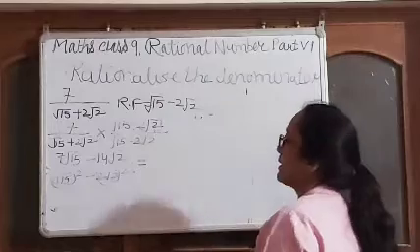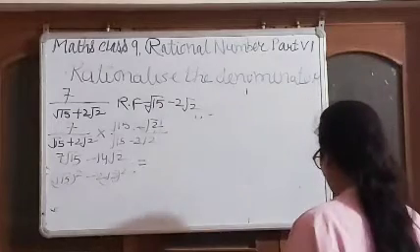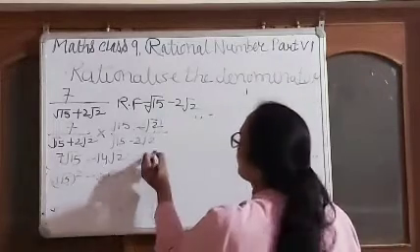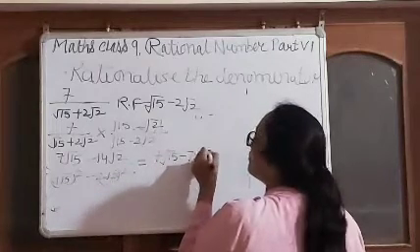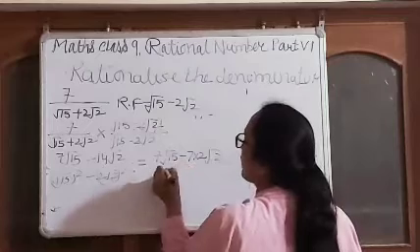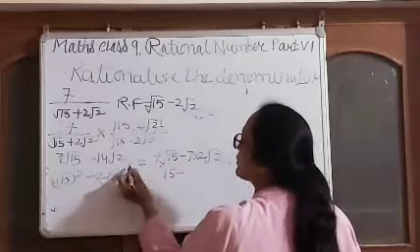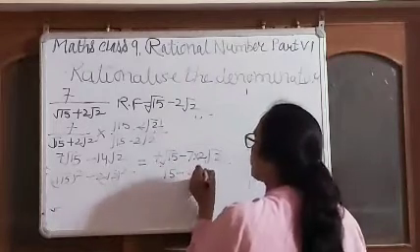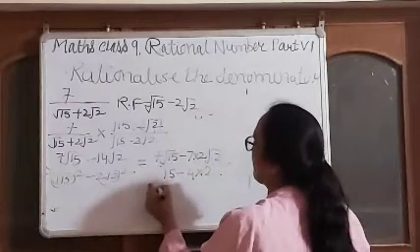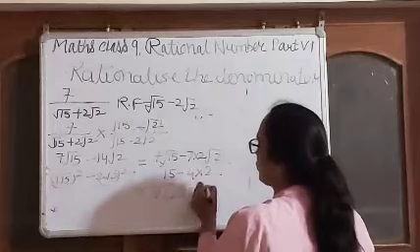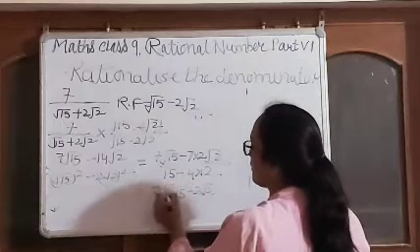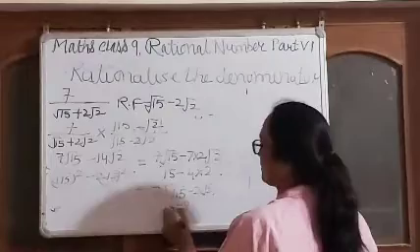Now students see, 7 root 15 minus 7 into 2 root 2 upon 15 minus 2 square is 4, into root 2 square is 2. So 7 is the common. So here root 15 minus 2 root 2 upon 15 minus 8.